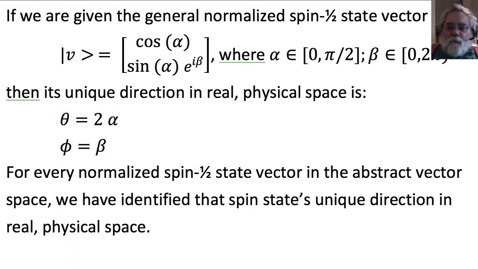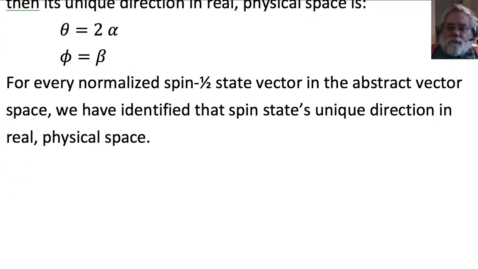For every normalized spin 1/2 state vector in the abstract vector space, we've identified that spin state's unique direction in real physical space.